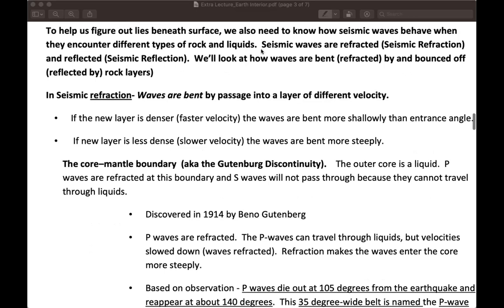And another factor that supports this is seismic wave propagation and their behavior, which we call seismic refraction and seismic reflection. Seismic refraction means the bending of seismic waves, that means bending of P and S waves when they penetrate down into the Earth. It's changing their direction, right?